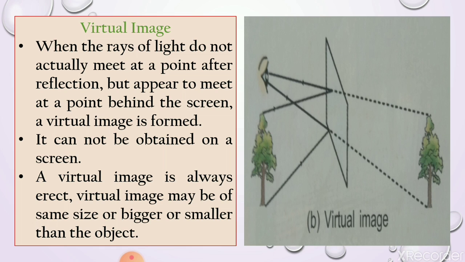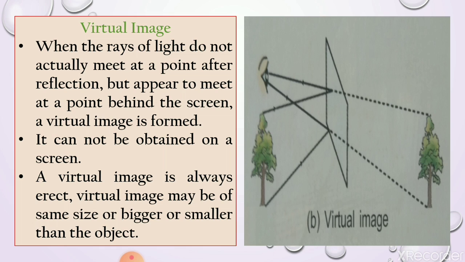Okay, and next thing, the virtual image is always formed when light rays coming from an object appear to meet after reflection from the mirror. Means unlike real image, where after reflection light rays actually meet at a point, in virtual images after reflection light rays do not actually meet, they just appear to meet.